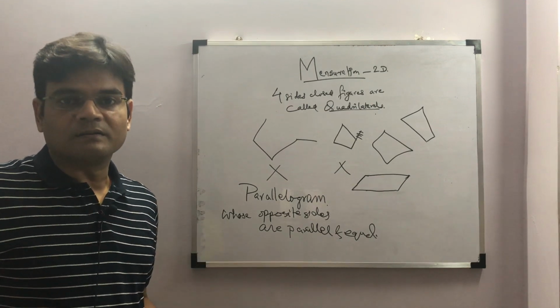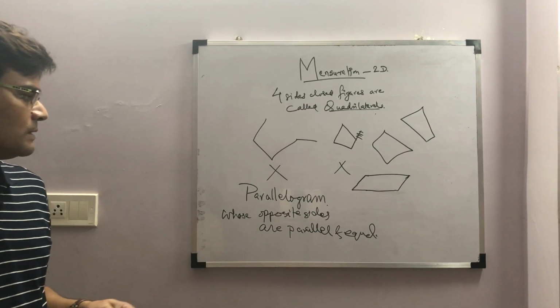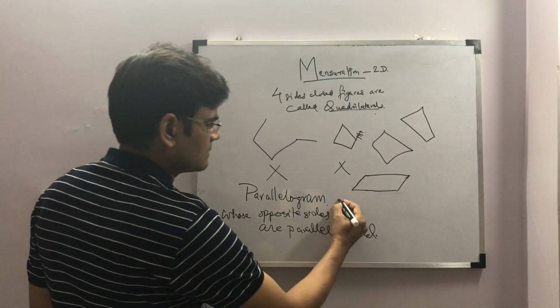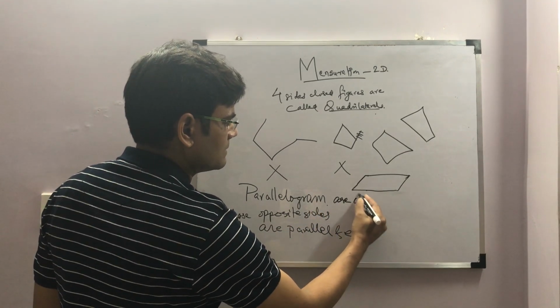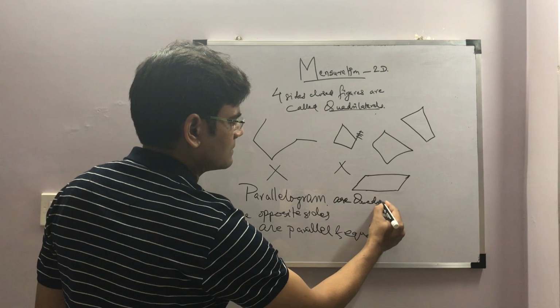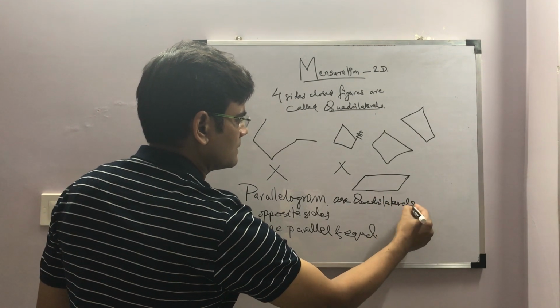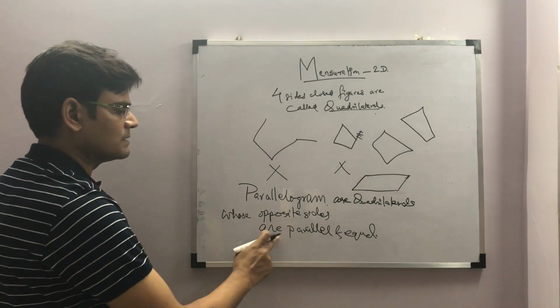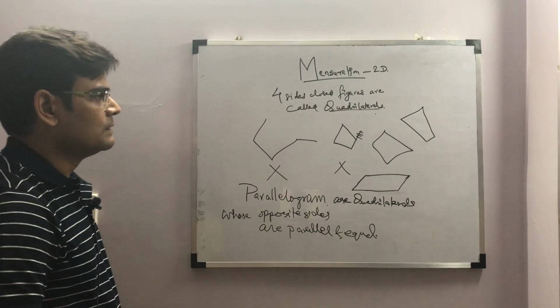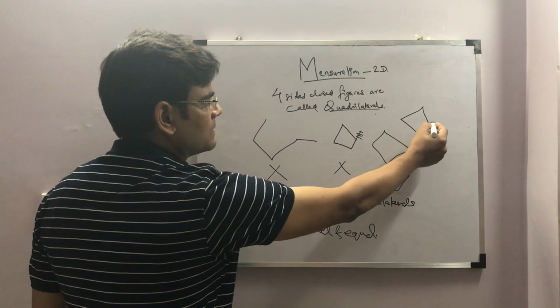So what are parallelograms? Parallelograms are quadrilaterals. That is the first definition. We started with quadrilaterals, that means four-sided closed figure. Quadrilaterals whose opposite sides are parallel and equal. Like this. Is this a parallelogram?